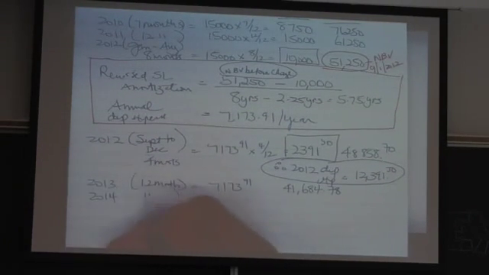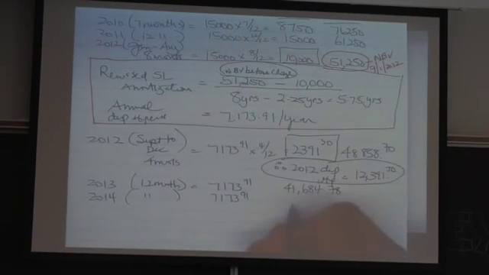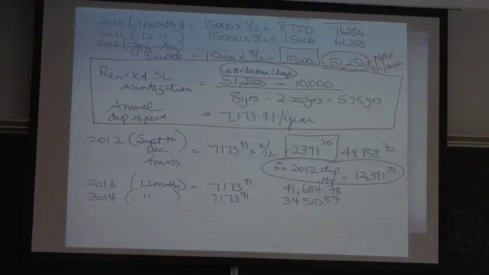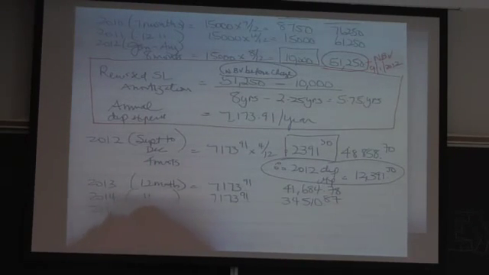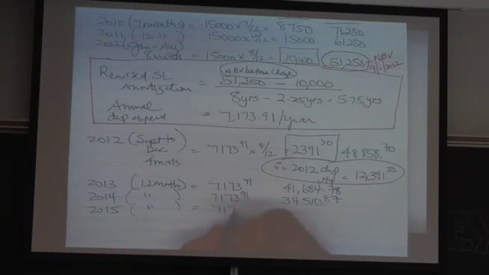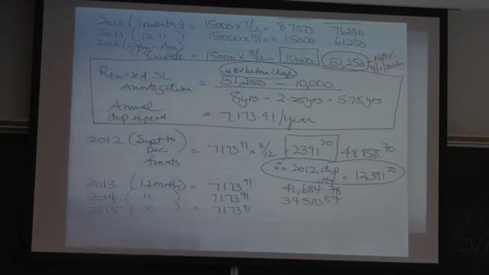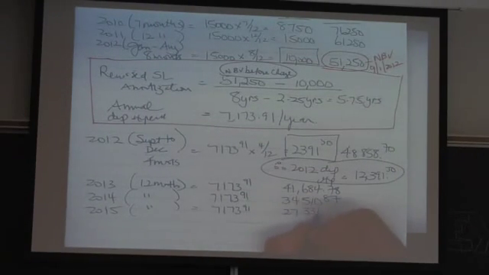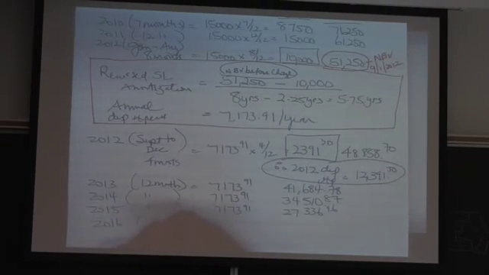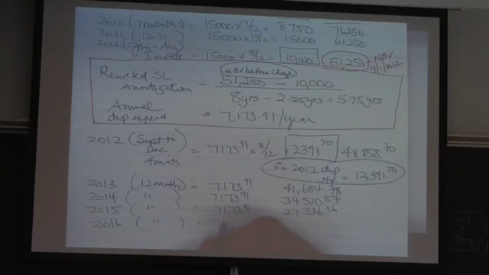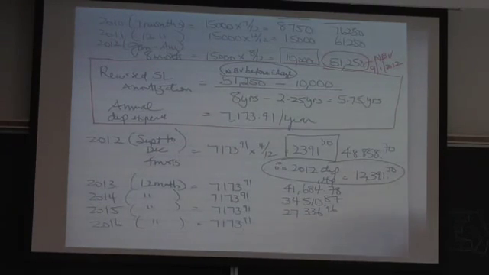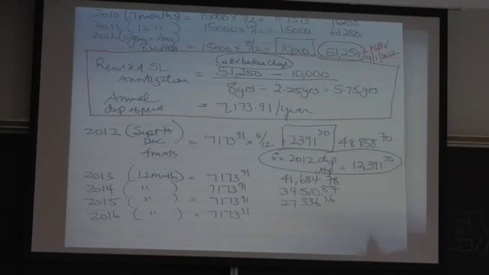For 2014, same idea, 12 months, and the net book value is 34,510.87. 2015, same idea, and 2016, 12 months. Remember, it's 8 years now, so you would expect that we would calculate until 2018, but I want to do it all the way through to show you the impact.